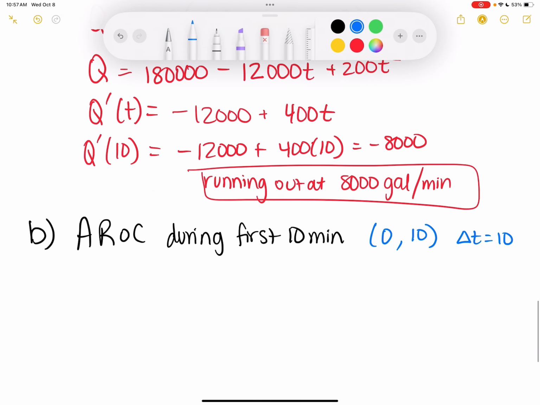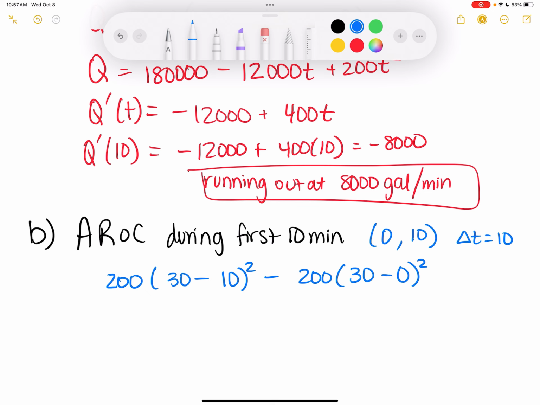So this is going to be 200, and I'm actually really plugging everything in, so there's not anything that's going to end up being the limit of. So, 200, not 2,000, times 30 minus 10 squared minus 200 times 30 minus 0 squared.